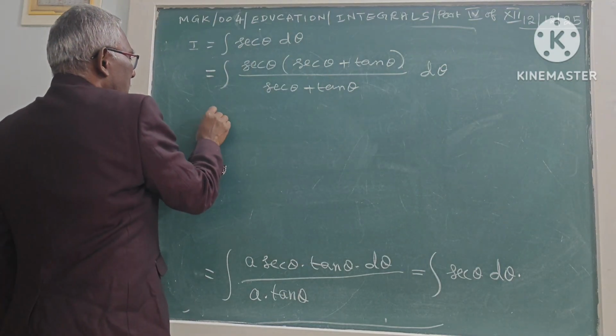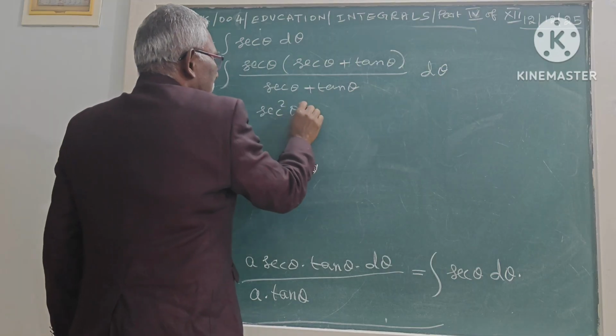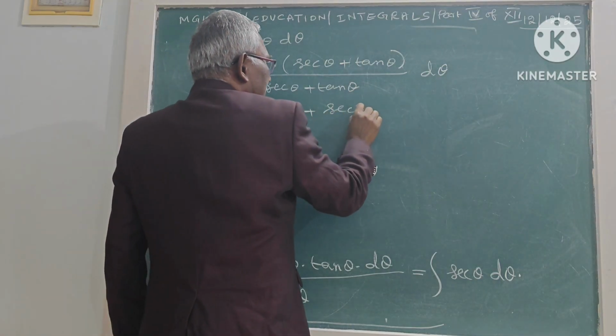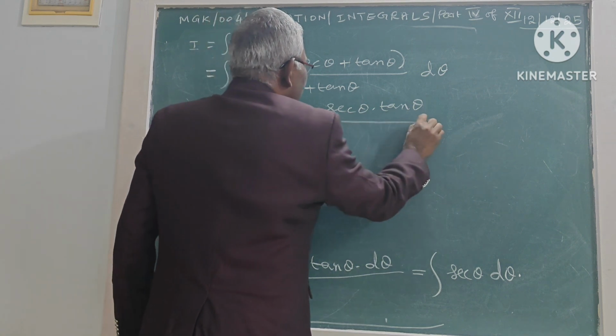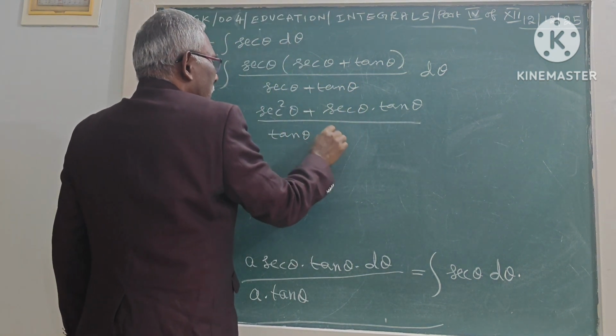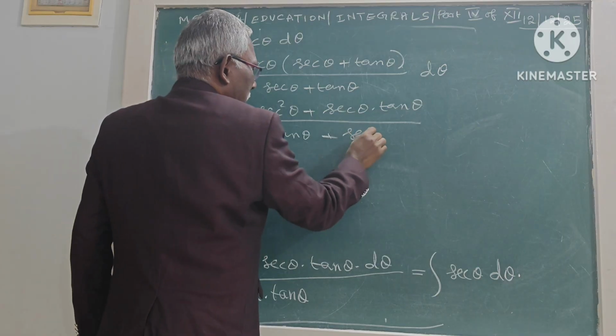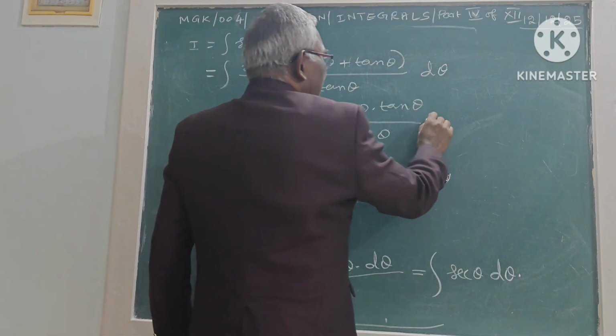If we multiply the numerator, secant square theta plus secant theta into tan theta by tan theta, I will write first, plus secant theta d theta.